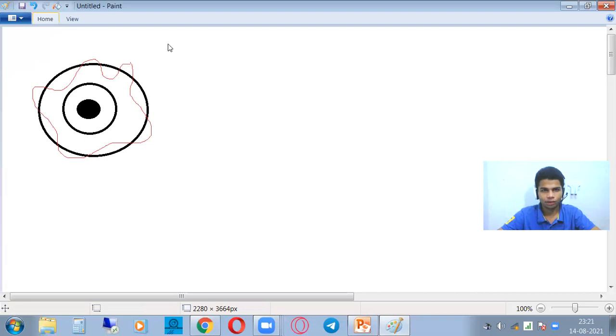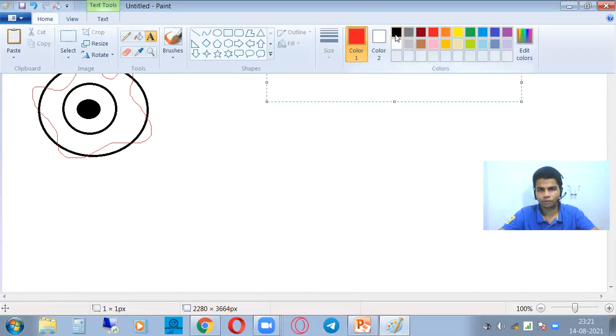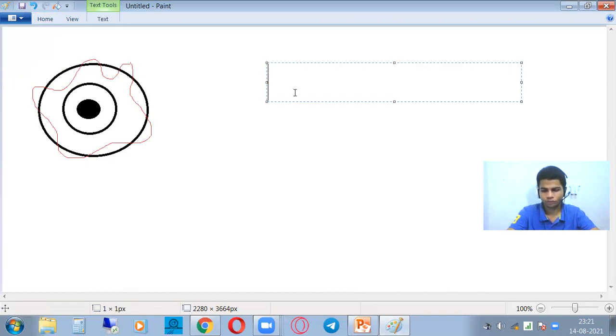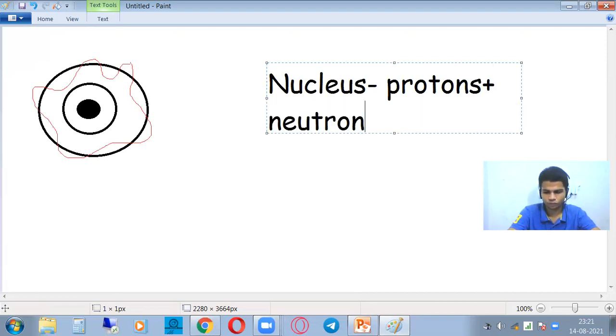I'm just going to write that here. In the nucleus there will be two things: one is the proton, and the second thing will be neutrons, and both of them will give nucleons.